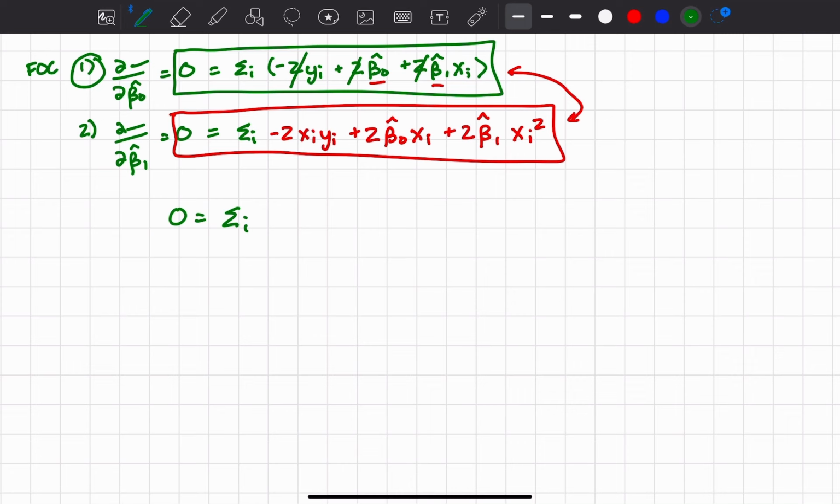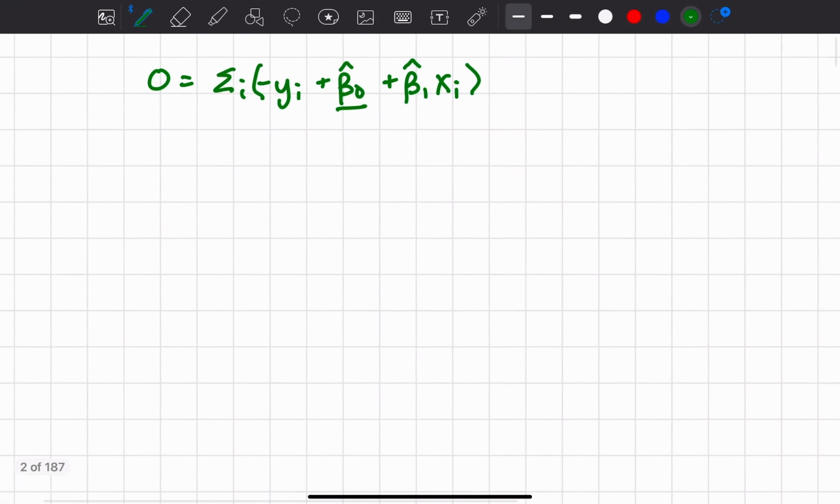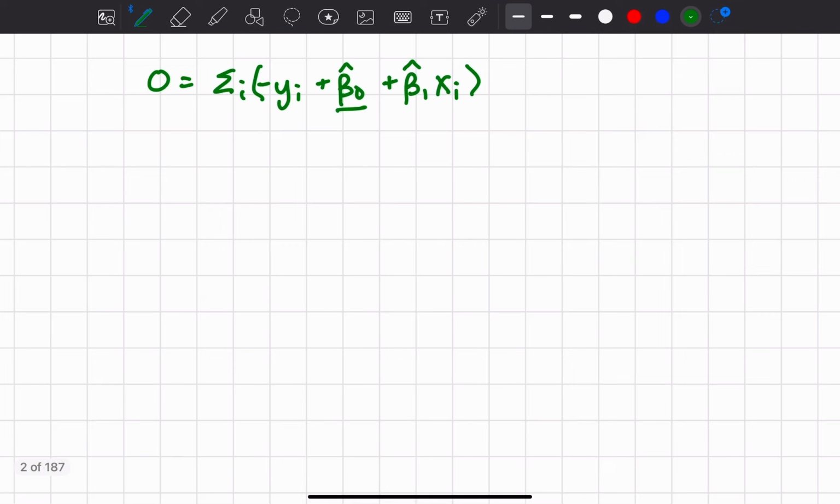All right, so we have negative yi, put this in parentheses here, plus beta naught hat plus beta 1 hat xi. I want to solve for beta naught hat here. We can isolate one of the variables. So recall that we can distribute the sum across a sum.